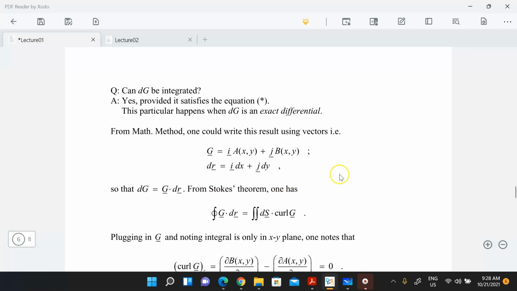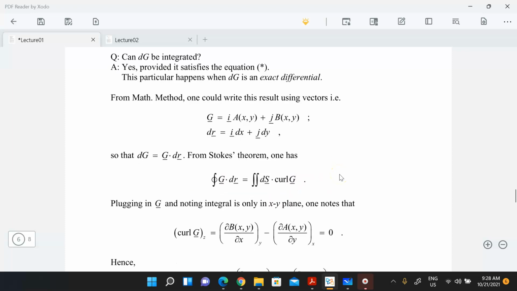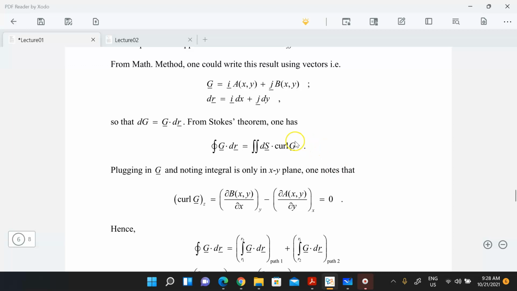What we know is that if this is actually an exact differential, then one can apply Stokes' theorem.